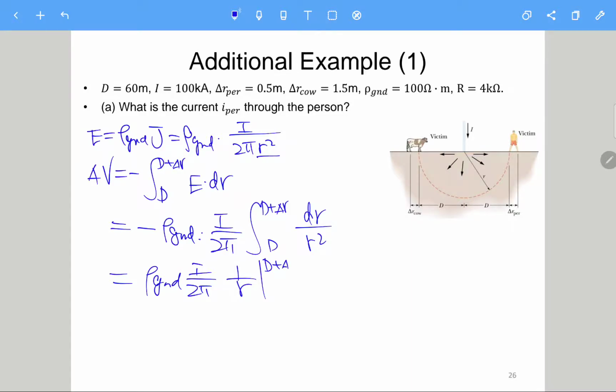Evaluate at D plus delta r and D. So finally, the answer will be rho gram I over 2 pi times delta r over d times d plus delta r.